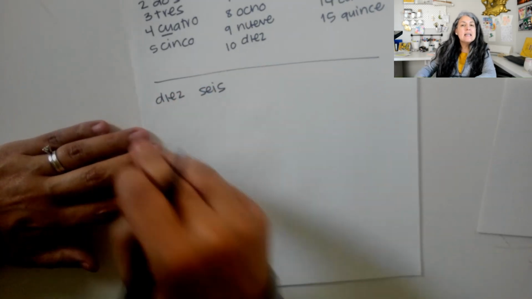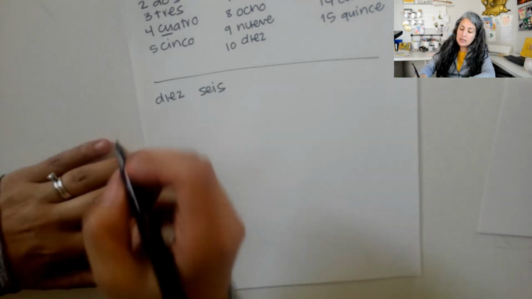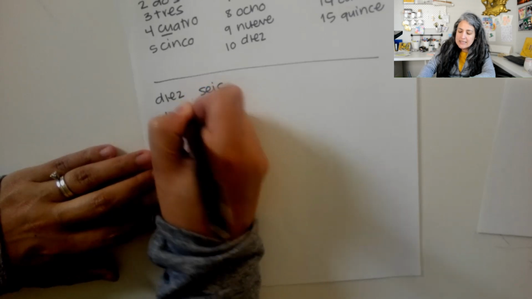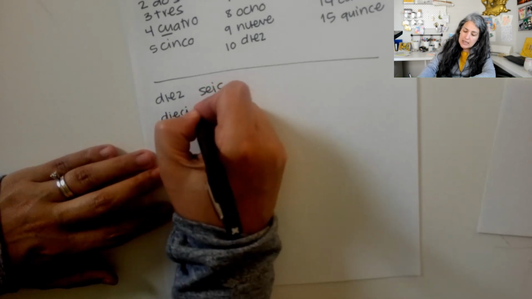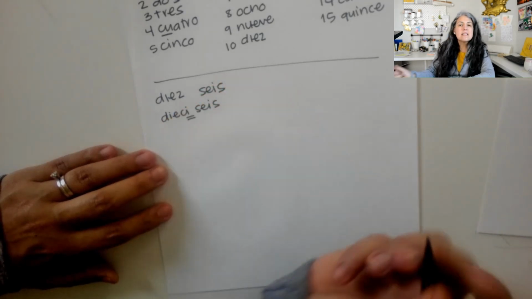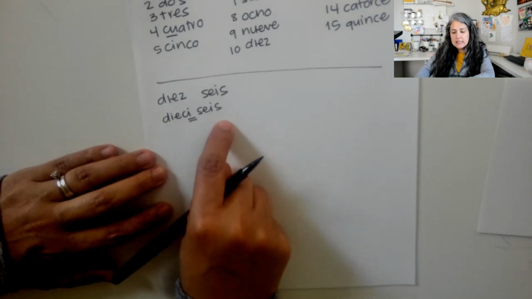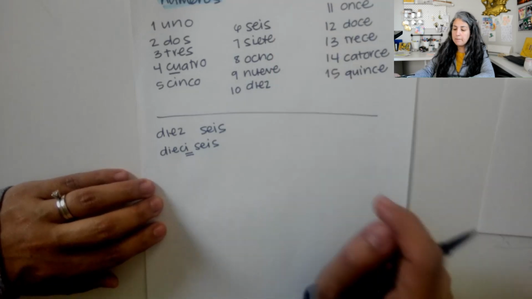This is like saying 10, 6. So to put it together, we're going to do something to the root. We're going to say 10 y. This means like 10 and 6. 10 y 6. So we get the 10 and we get the 6 that we have right here.